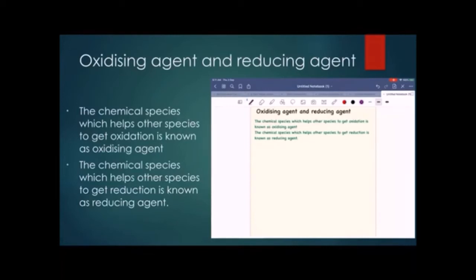We will take an example. Very famous displacement reaction. We are writing oxidation states.